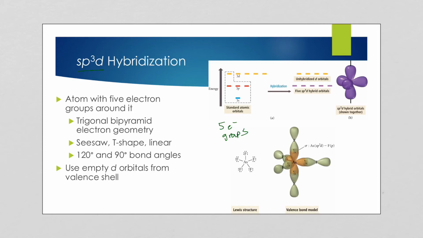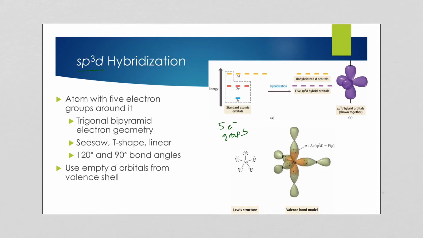Of course, we have 4 unhybridized d orbitals that typically don't actually get involved. There are times when these can get involved if we have a structure that forms a double bond within a trigonal bipyramidal environment, then we would invoke one of those unhybridized d orbitals to make the pi component.